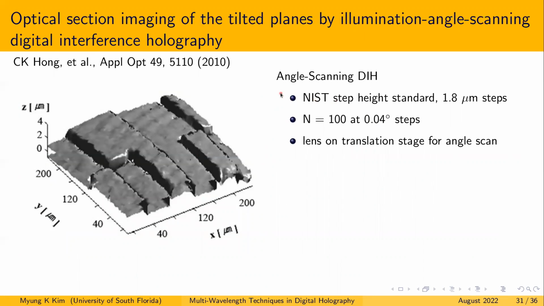Angle scanning instead of wavelength scanning is also possible here as well, as shown in this demonstration by Hong et al. of a 1.8 micron standard step heights using 100 holograms at 0.04 degrees steps.